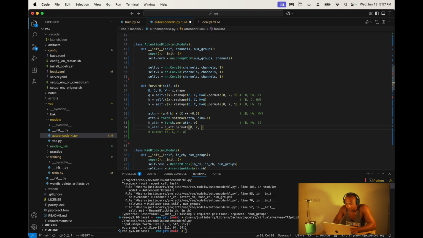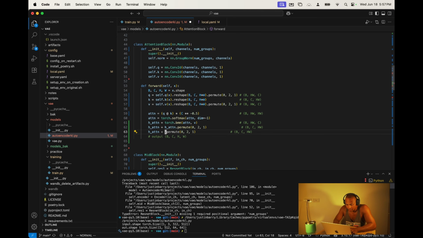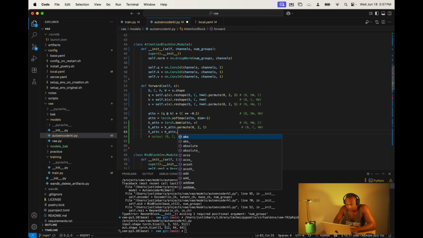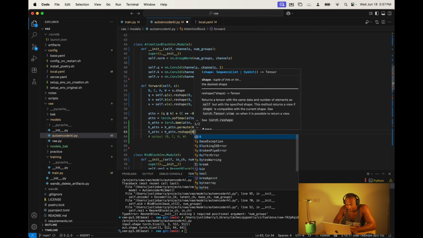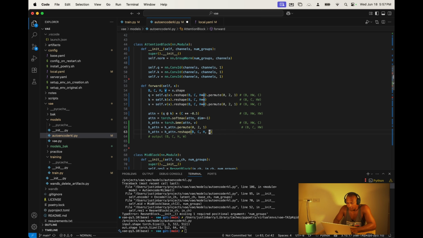So this gives us B, C, HW. And then we reshape. Boom. This gives us B, C, H, W. So I'm just going to put this all on one line.